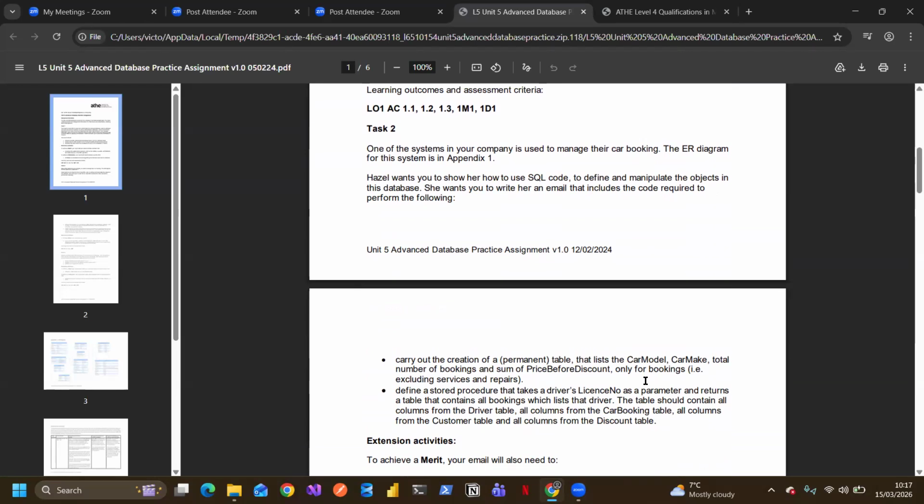So Hazel wants you to show her how to use SQL code to define and manipulate the objects in this database.